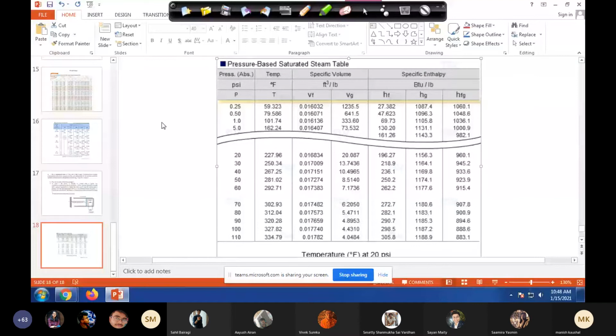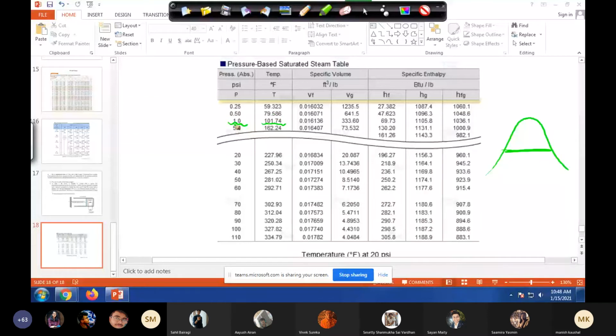So again, as I told you, for a given pressure, let's say 1 bar, temperature is fixed. Although it's in Fahrenheit, you can find that in degrees Celsius also. And then for that pressure and temperature, if you are in this regime, temperature is also fixed.